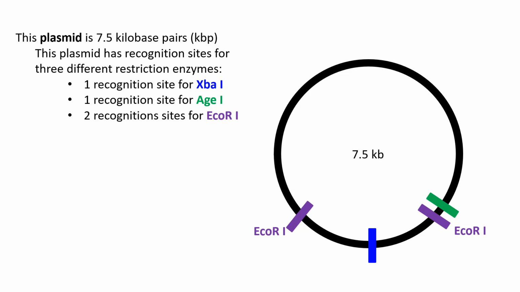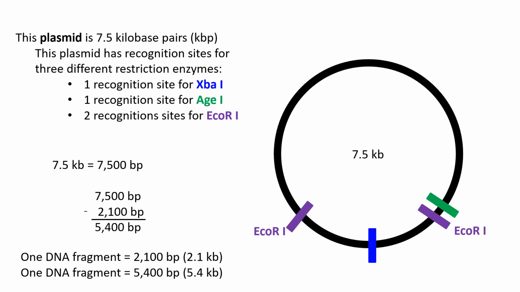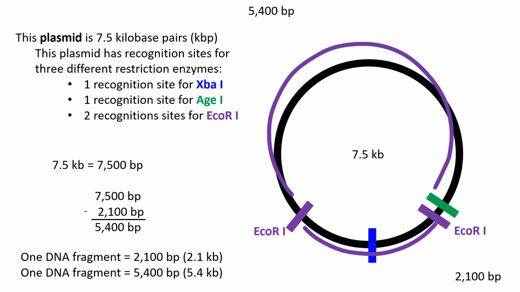In addition to the XbaI and AgeI recognition sites, this plasmid also has two recognition sites for EcoRI, which are shown here. There's one site here and one site here. So digestion with EcoRI should give us two DNA fragments.